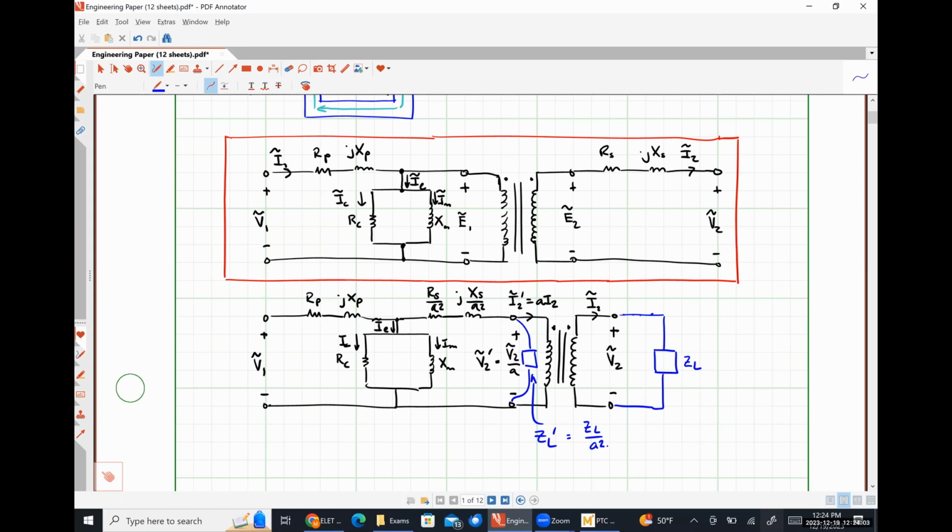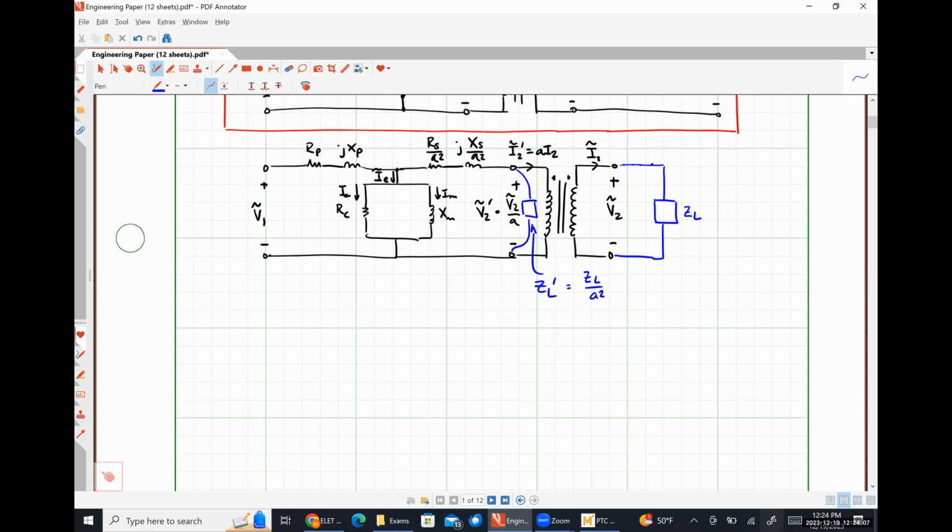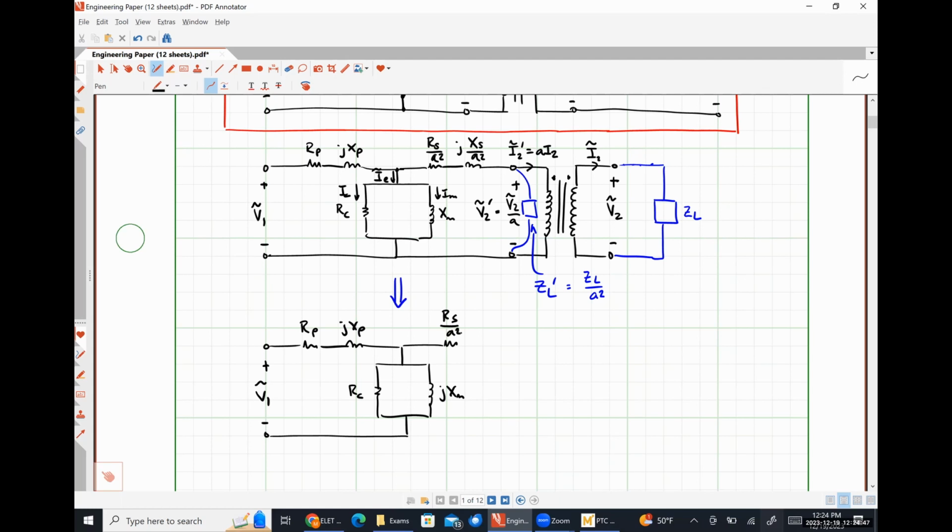So this representation where we have simply this voltage V1, RP in series with jX sub P, RC in parallel with jX sub M, RS over A squared in series with jXS over A squared.